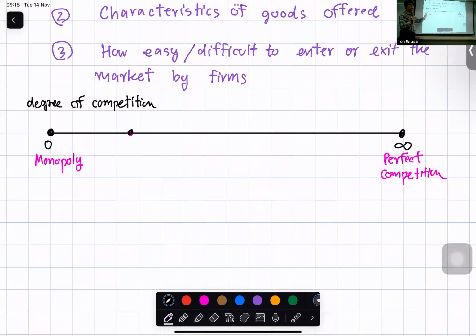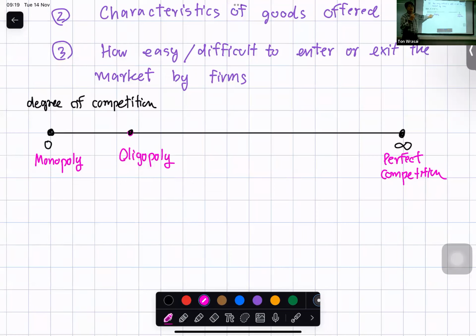If we depart from monopoly a little bit to the right, we have a market with a few sellers, 2 or 3 firms competing. We call it oligopoly, ผู้ขายน้อยราย. Think of competition between True Plus Detect and AIS.